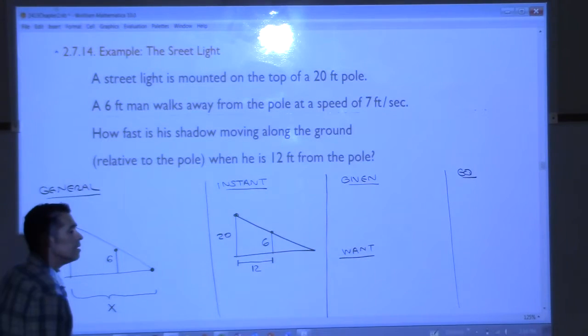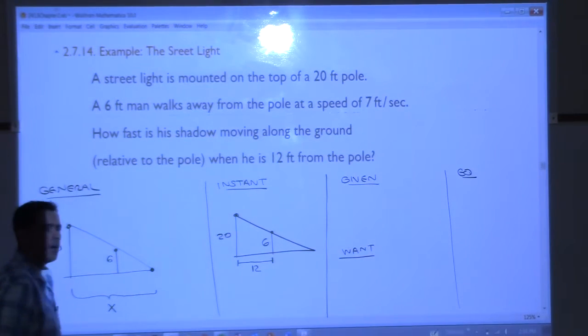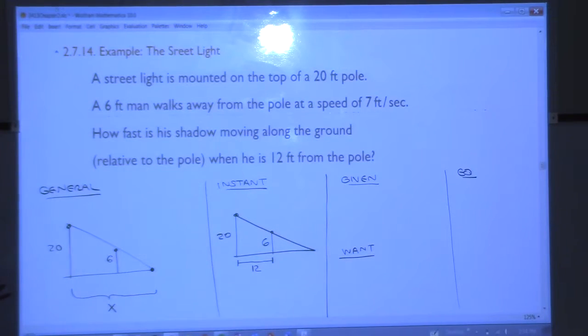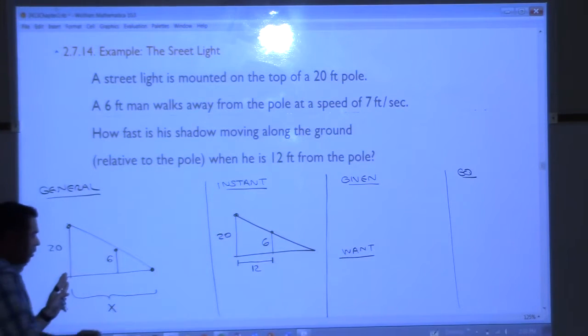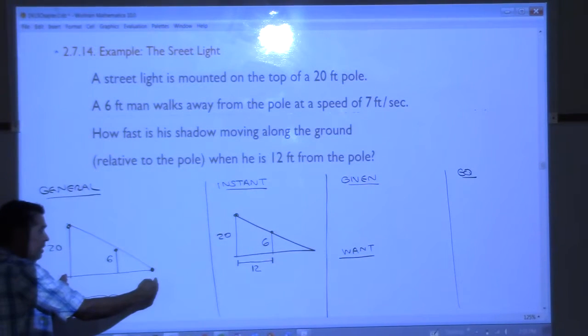dx/dt is what? 7? What do y'all think? Think carefully about this. Is dx/dt 7 feet per second? X is the distance between the pole and the shadow. So is the shadow moving at 7 feet per second?